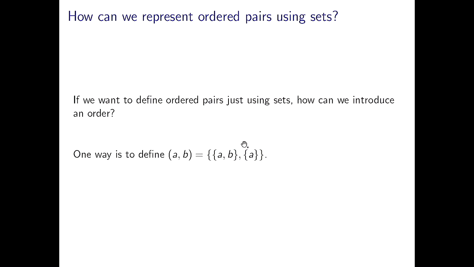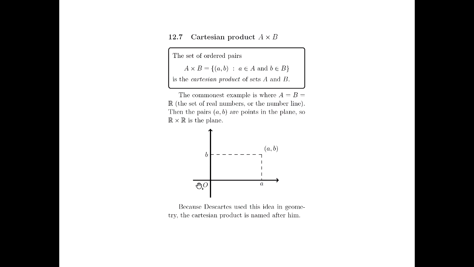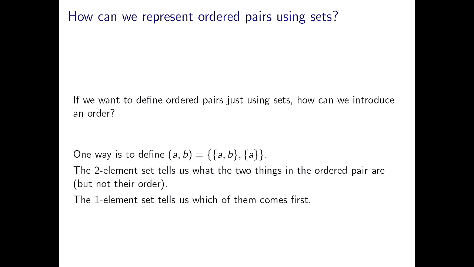So if you want to base everything on sets, you can. Not important really for us, but I think a cute little example of how you can encode anything in sets if you want to. So the two element set tells us what the two things in the ordered pair are, but not their order. Then the one element set tells us which of those things comes first.